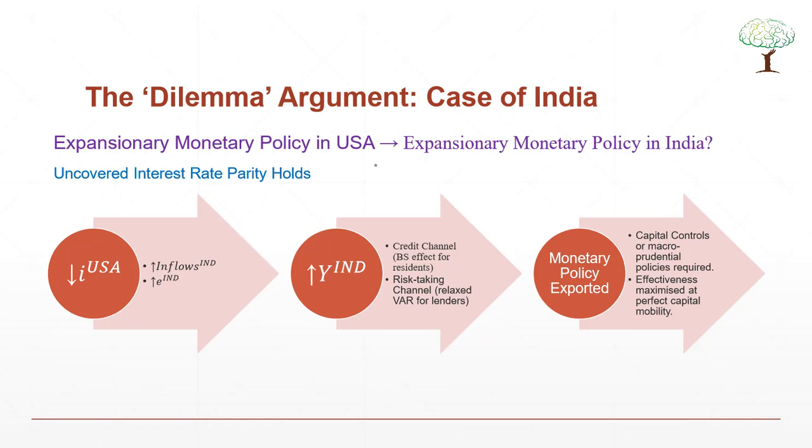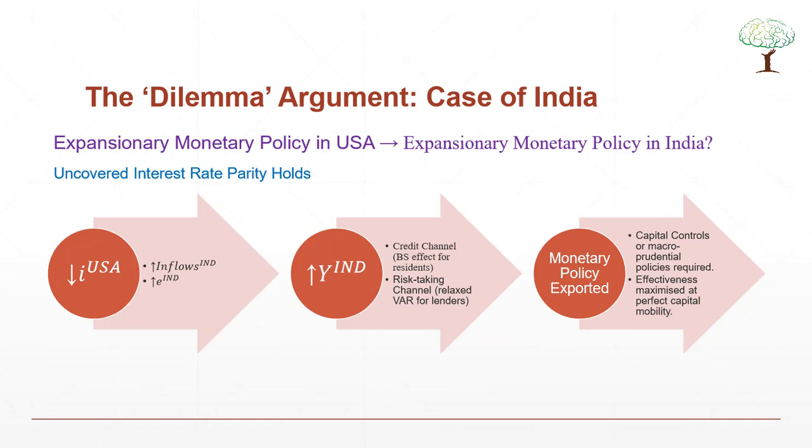But recent literature by Hélène Rey in 2013 and certain other economists has pointed out that even in a flexible exchange rate, monetary policy independence may not be fully maintained if it is not accompanied by certain macroprudential policies or capital controls. So let's go through this example and then we'll wrap this video.